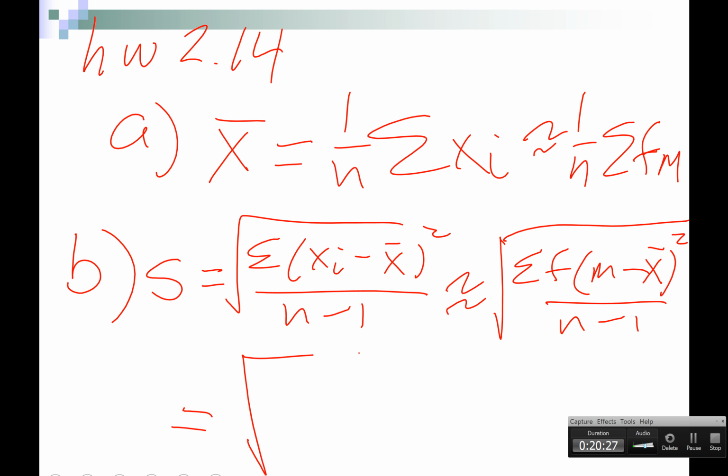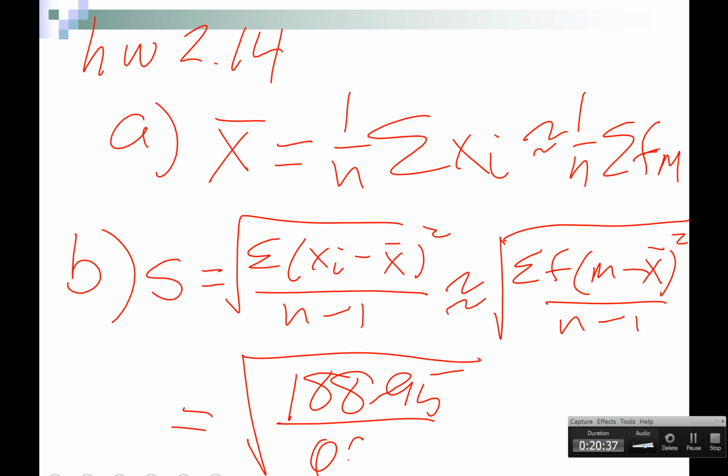So I still need to take the square root of whatever that number was, 188.95 divided by 69 minus 1. That's a 6, not a 0.